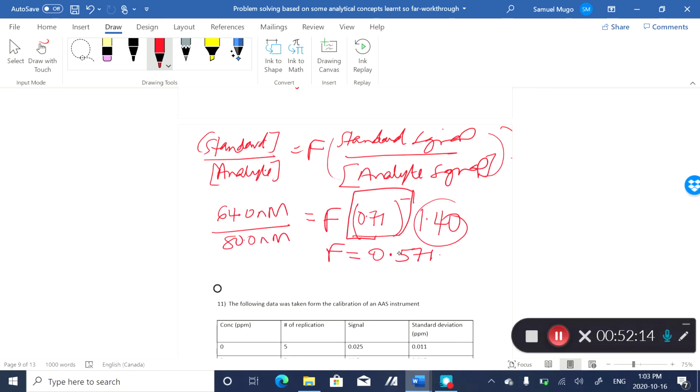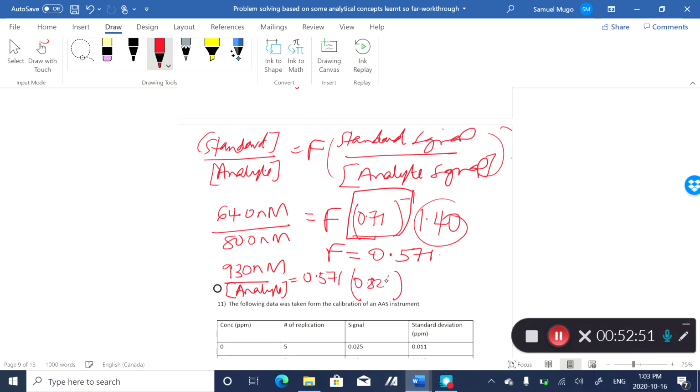Knowing the response factor, now you can calculate the unknown, and the unknown is already given as follows. You just substitute it into the problem there. The standard is 930 nanomolar, and then you have to calculate the analyte. You already know the response factor, and you already know the ratio of the analyte to signal, which you've been given.